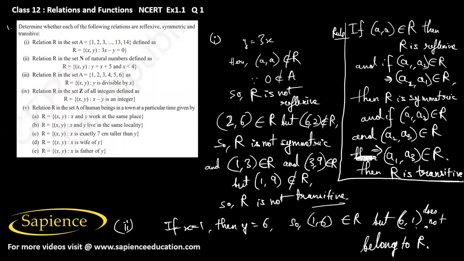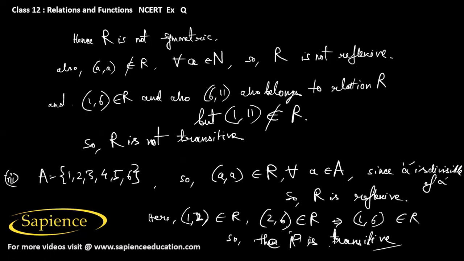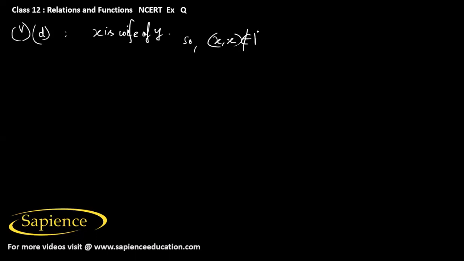And then X is the wife of Y. Fifth part D is, X is wife of Y. So X comma X does not belong to the relation R. So relation R is not reflexive.